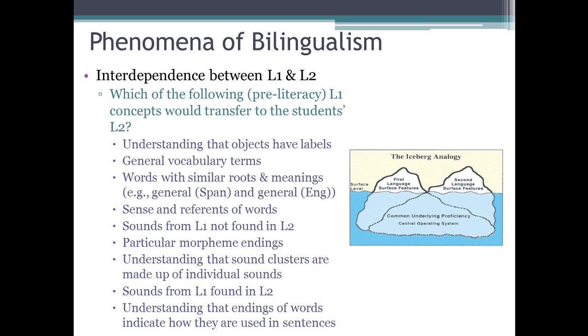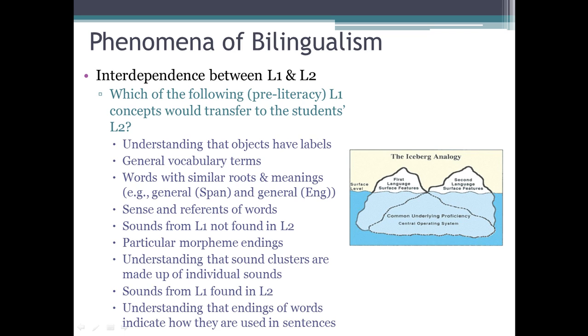Okay. So at this point, I want to introduce you to the next activity, which is the interdependence between the L1 and L2. What I'd like you to do is to think about which of the following first language concepts would transfer to the student's second language.